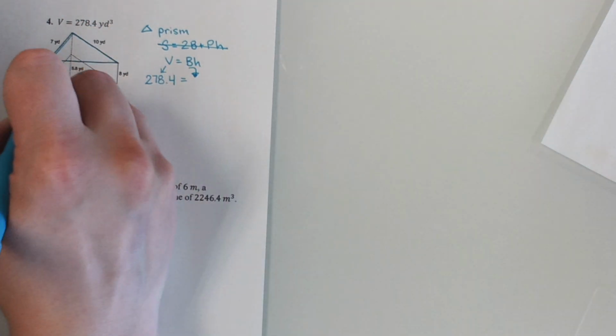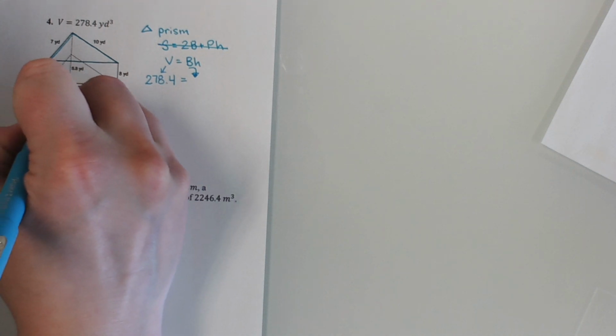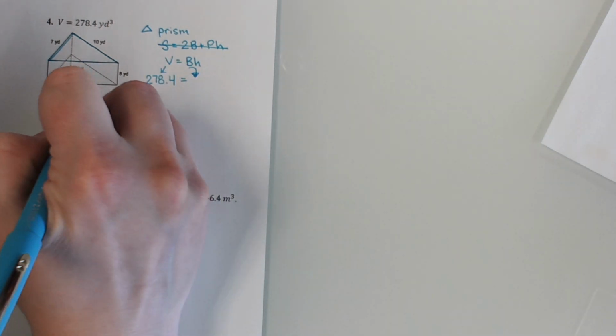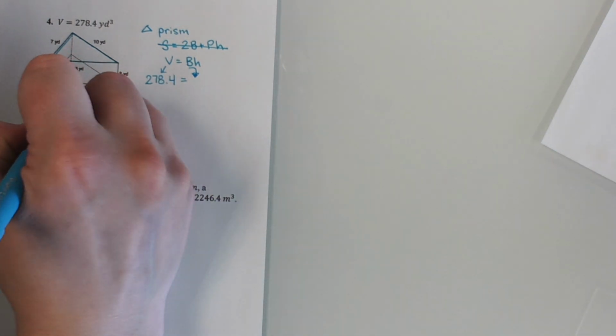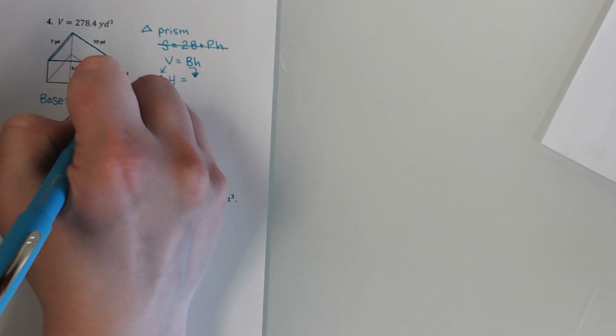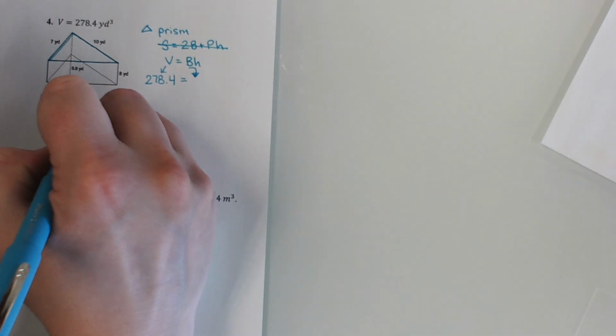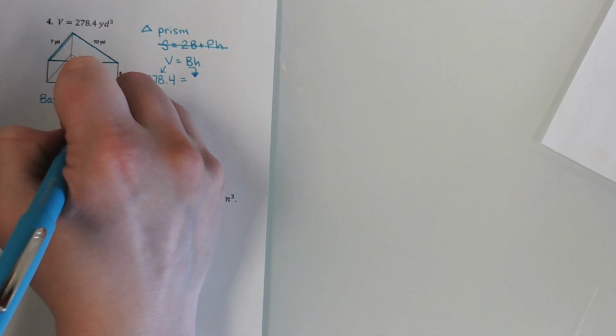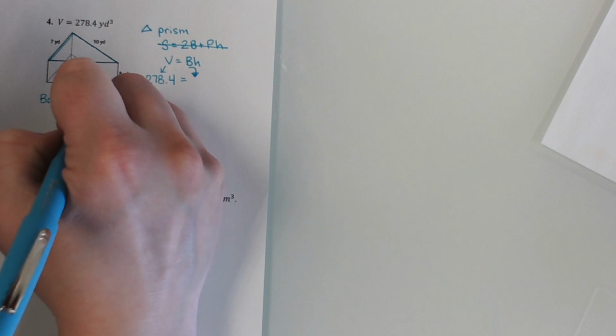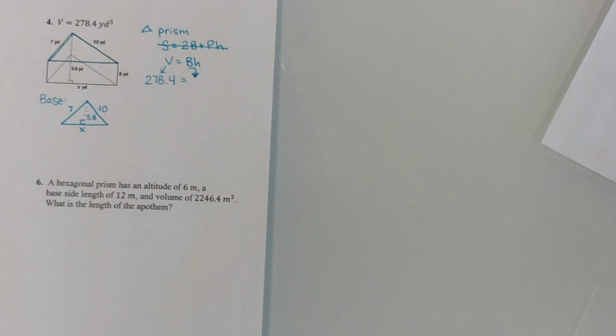My bases are the triangles, so I need to focus on my base. That's 7, that's 10, that's X, that is 5.8. Those are the measurements I'm given about this triangle.